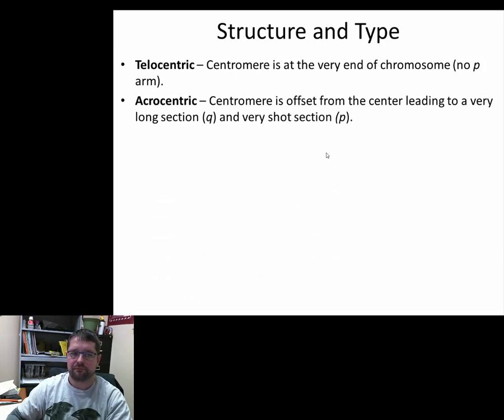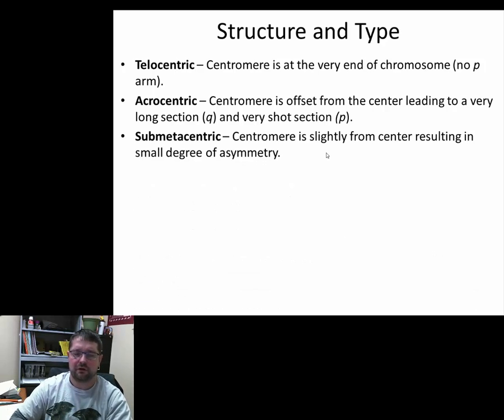Telocentric, no P zone. Okay. Acrocentric means that there is a P zone, but it's very short. Humans have these. Okay. Chromosome number 21 is an example. Okay. And they have a long section, which we call the Q zone. And you know, the centromere is just offset. It's offset from the center, and it causes that one long section, one short section.